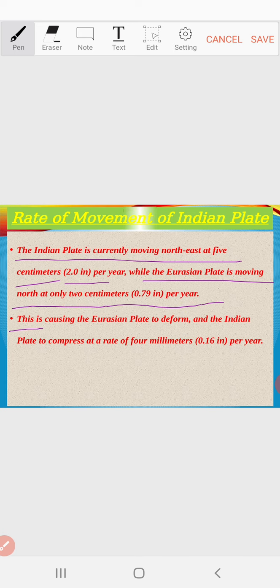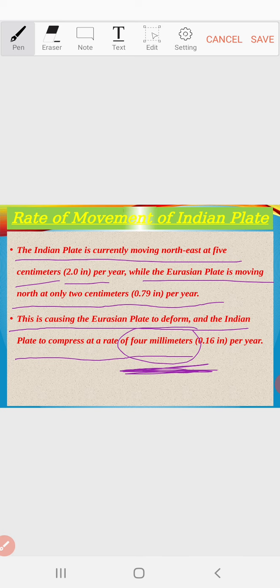This is causing the Eurasian plate to deform and the Indian plate to compress at a rate of 4 millimeters, that is 0.16 inches per year. So, what is the resultant? These 4 millimeters are the rate of increase of the height of the Himalayas. The height of the Himalayas is increasing at a rate of 4 millimeters per year. Why? Because it is compressing, and this compression is increasing the height of the Himalayas.